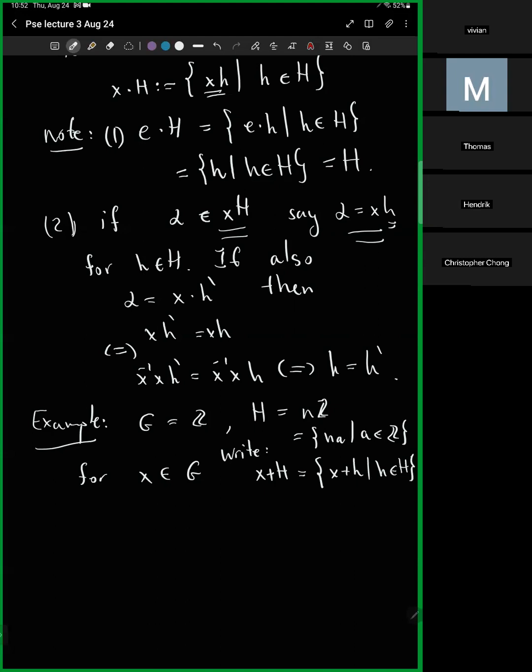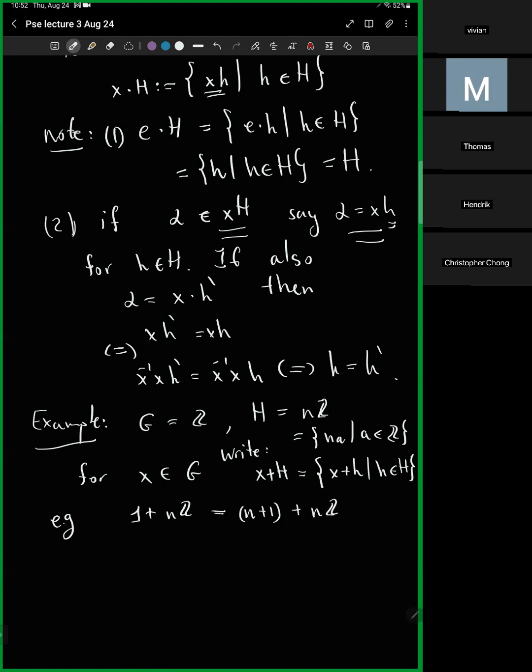Okay, so I have, for example, the coset 1 plus nZ. But the coset 1 plus nZ is in fact equal to the coset n plus 1 plus nZ.